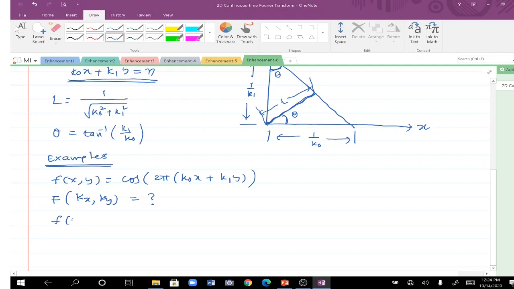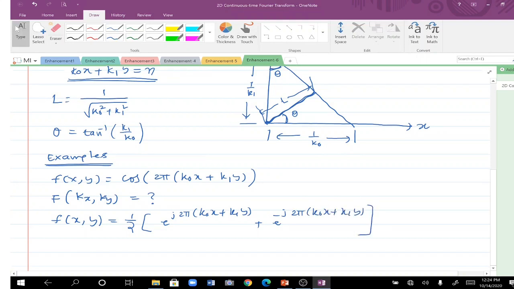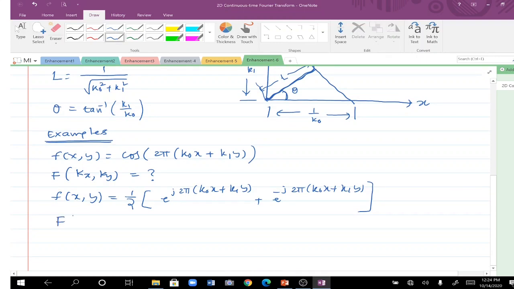You could write your f of xy as a summation of complex exponentials, which is e power j times 2 pi into k naught x plus k1 y plus e power minus j times 2 pi of k naught x plus k1 y. Now in the last class we have done thoroughly what would be the Fourier transforms of one and any function that gets multiplied by a complex exponential. So from that you could right away write that out here.